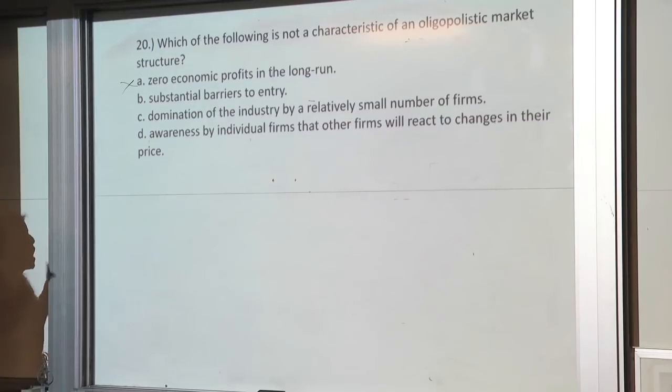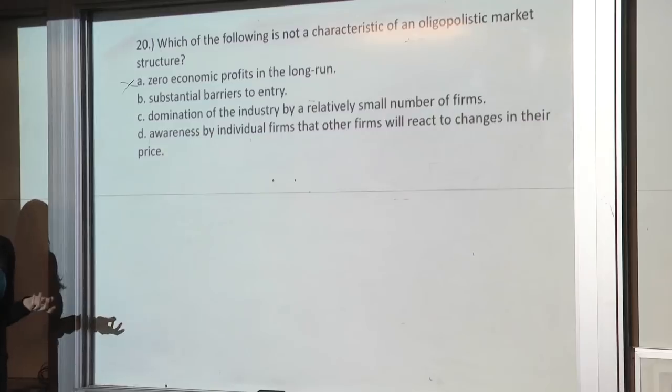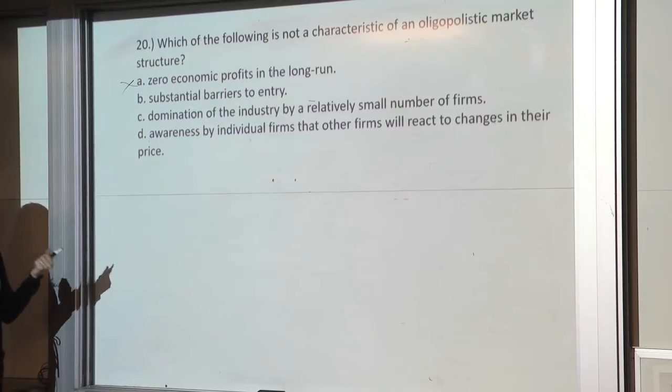So we are done. However, let's look at the other ones. Barriers to entry, that is one of the characteristics of oligopolistic competition. Domination of the industry by a relatively small number of firms, that is what oligopolistic competition is. Oligopoly means the power in the hands of a few, basically.